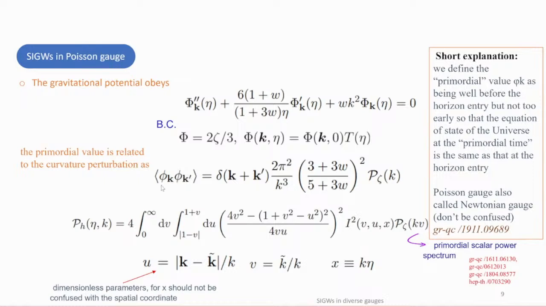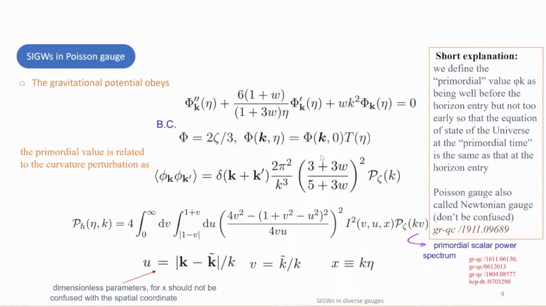So here are some dimensionless parameters. Don't be confused with x, this is not a spatial coordinate. Here is a short explanation: we define the primordial value of phi k as being well before the horizon entry, but not too early, so that the equation of state of the universe at the primordial time is the same as that at the horizon entry.